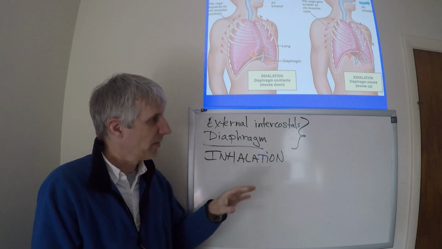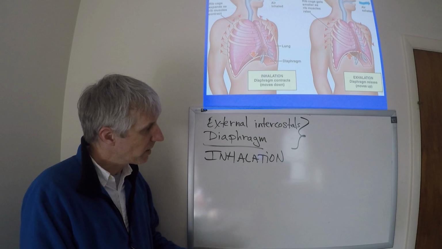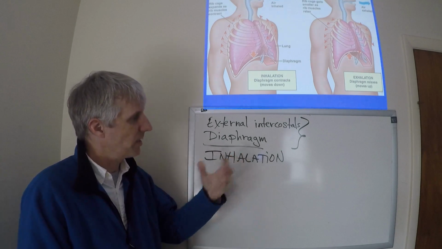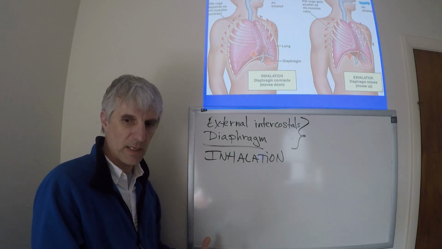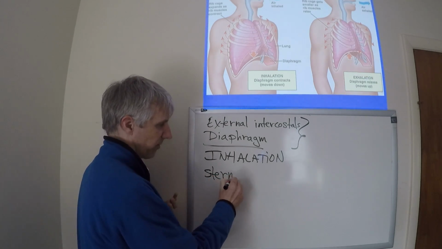Okay? There are other muscles that can be involved under heavier exercise, and you want to increase the size of the thoracic cavity even more. There are other muscles involved.